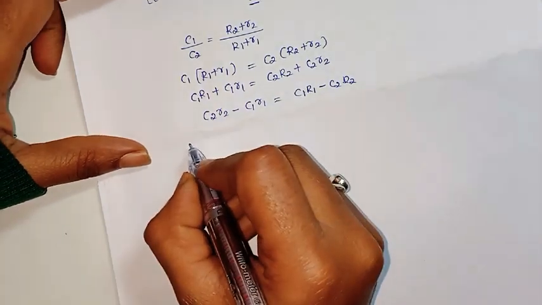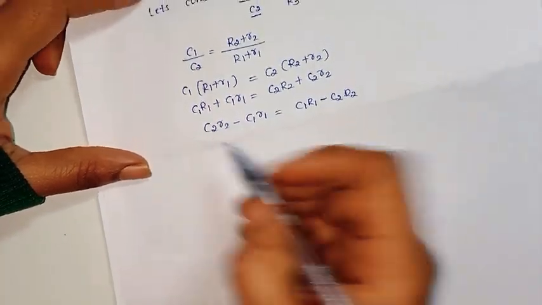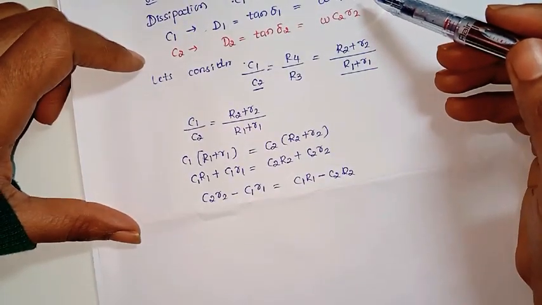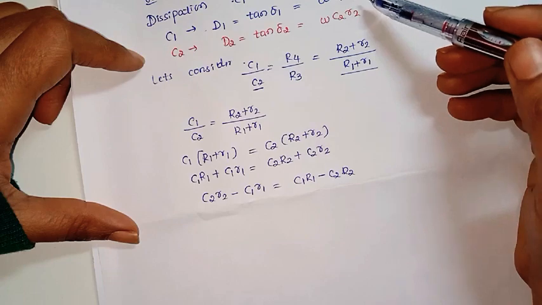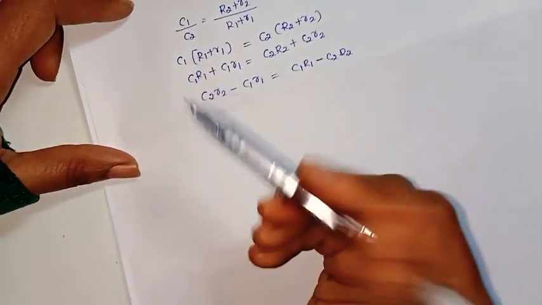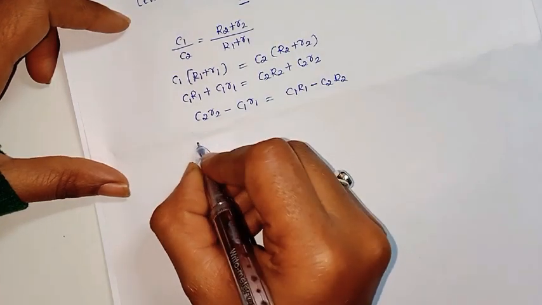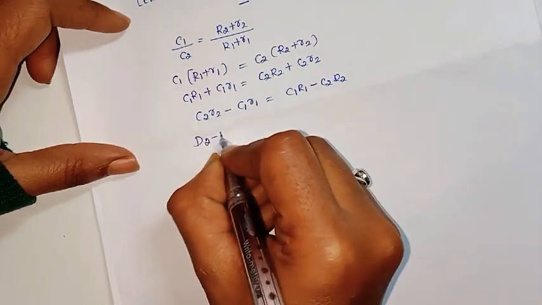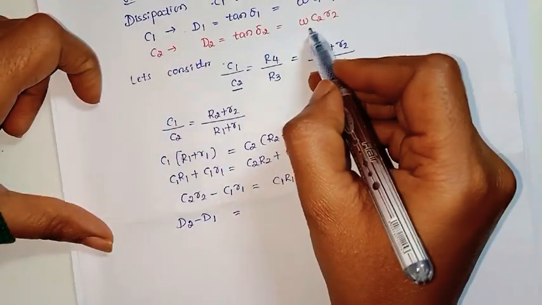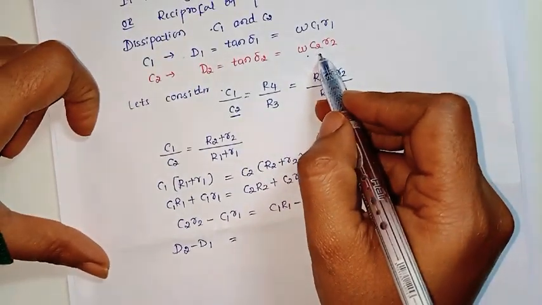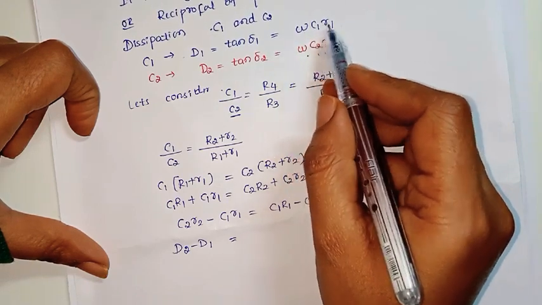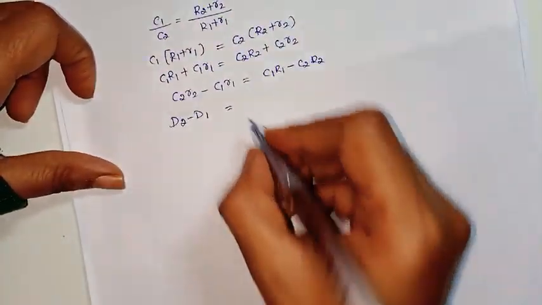Now we have to take the difference of the dissipation factors of capacitance, that is D1 and D2. So we have to take D2 minus D1. What is D2 here? Omega into C2 into R2. What is D1? Omega C1 R1. Let's substitute.